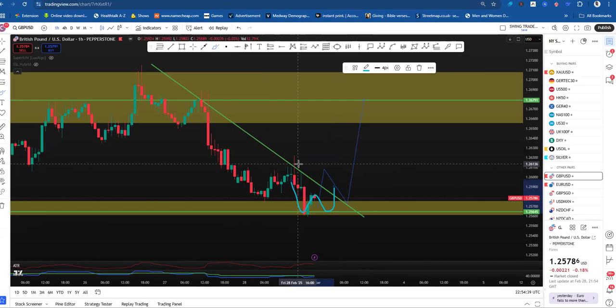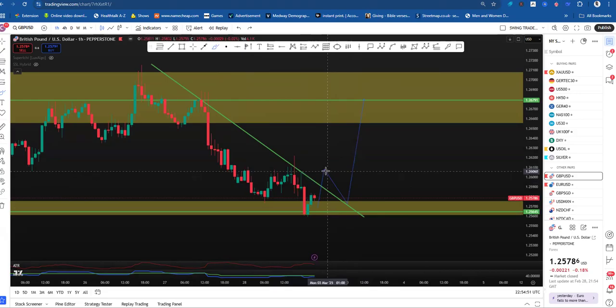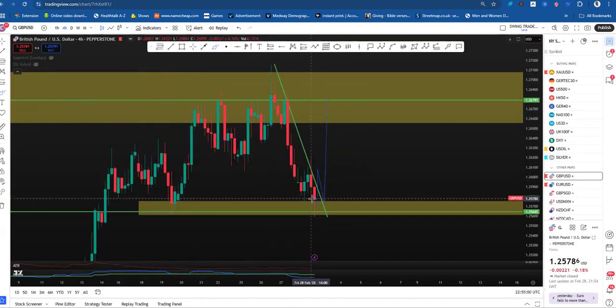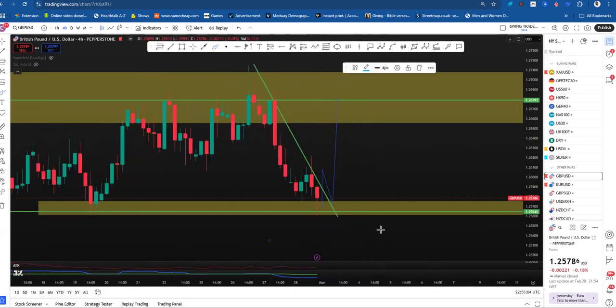I'm looking for buys from that angle because we can see on the 1-hour time frame, we already have bullish candles forming on top of each other, letting us know that place has been rejected. The market is now pushing up. And if you go to the 4-hour time frame, you will see a massive candle rejection on that support level.